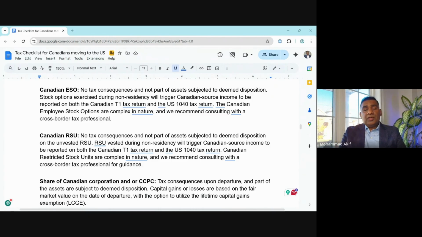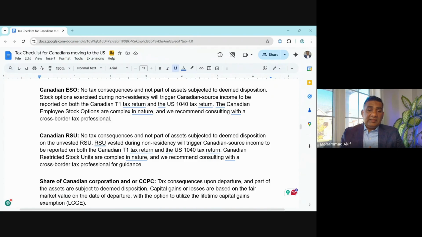I will go through them in a summary really quickly, because this is case by case. Not everybody has them, and I've seen cases where people are stuck with a lot of taxation when it comes to these, and there's not much out there to understand what happens when you leave Canada and how these get taxed.